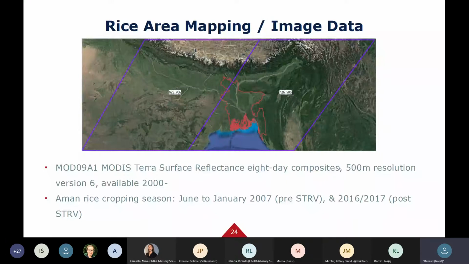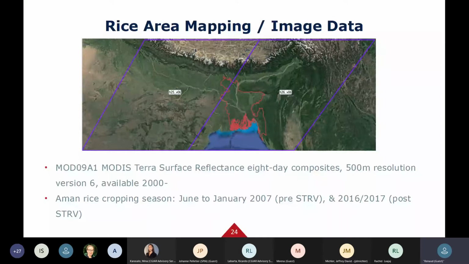That allows us to use the temporal signature of the growing rice to better identify and discriminate it. And also, very importantly, during monsoon season in this region there is a high cloud prevalence. So having daily data summarized into 8-day composites would, to a large extent, reduce the problem of cloud.